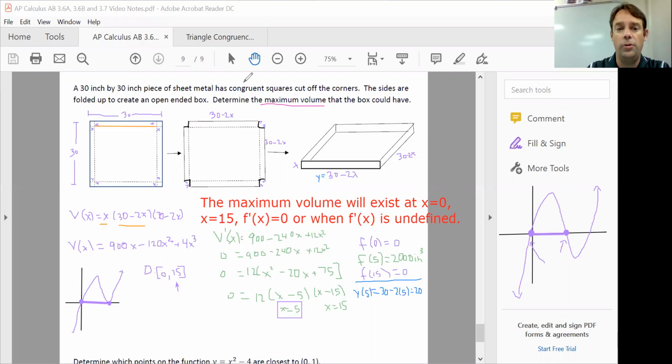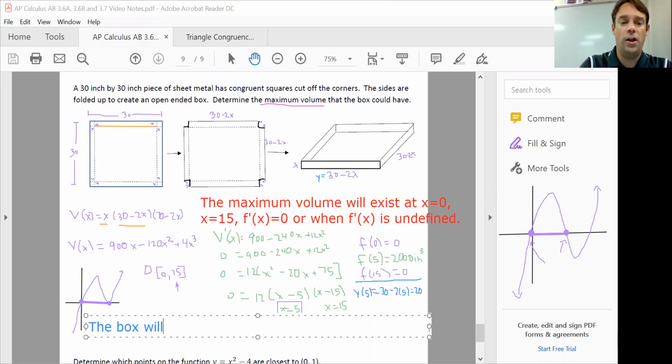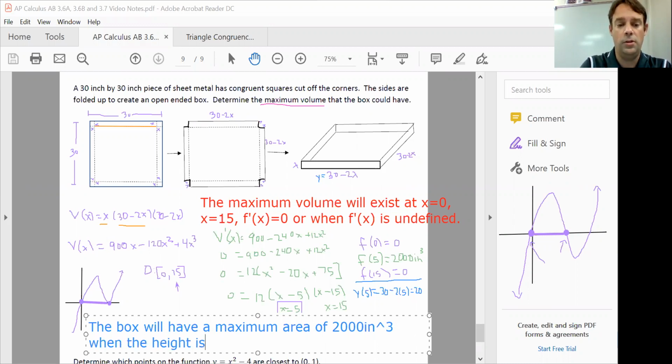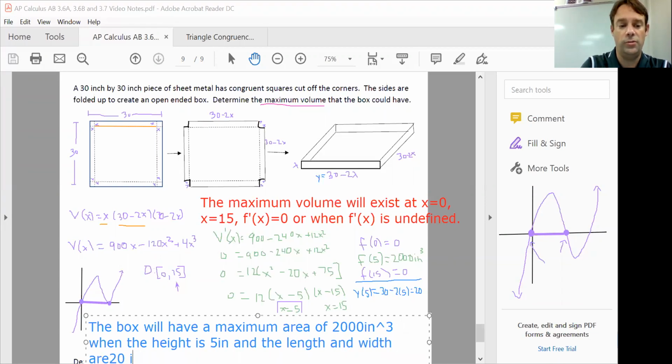So, we said what we're going to do. We did the work. So now that we're done, we're going to say what we found, friends. The box will have a maximum volume of 2,000 inches cubed when the height is 5 inches and the length and width are 20 inches.